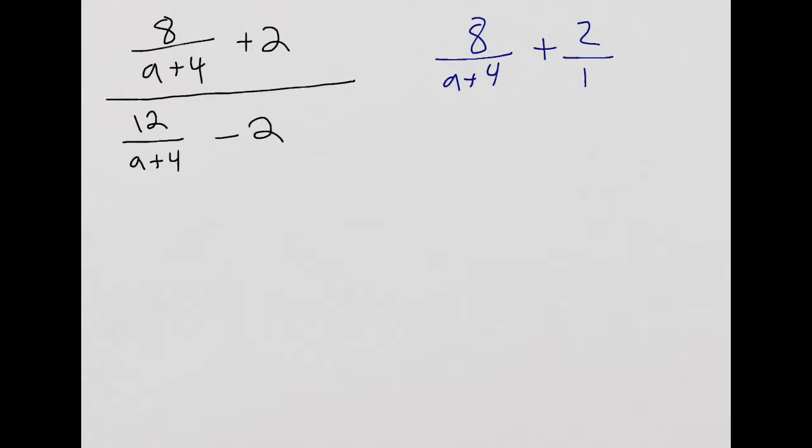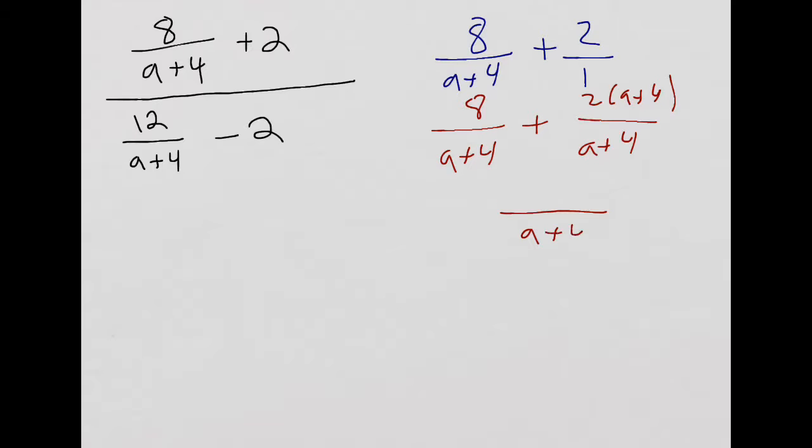Now remember, 2 is a fraction because the denominator is 1. We are adding fractions here, so we do want the LCD. The LCD is just going to be a plus 4. So 8 over a plus 4, that doesn't change. Now because we're putting an a plus 4 in the denominator, we have to multiply the numerator by a plus 4 as well. When we combine these, they have the same denominator of a plus 4, so we can just add the numerators together.